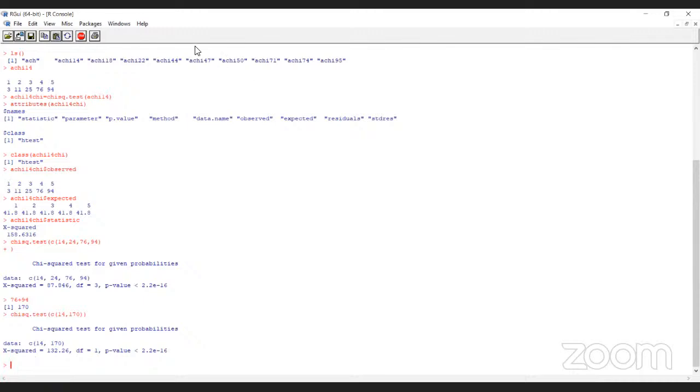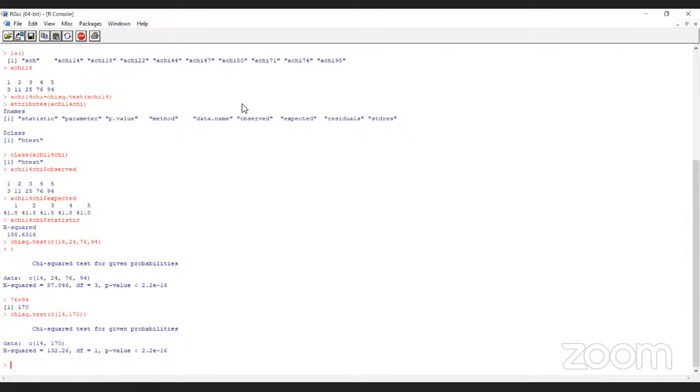Now, two things are very important in chi-square. One is that if your DF, that is degrees of freedom, means how many categories you have.